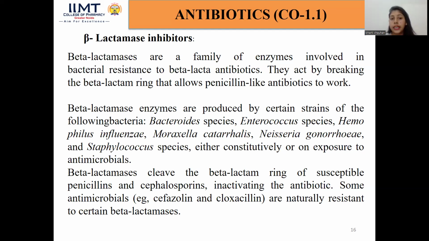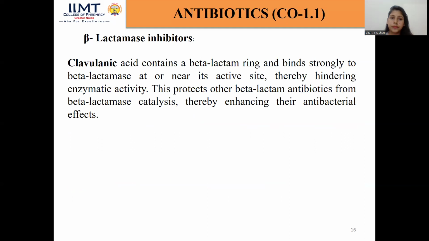After that, scientists discovered a counter to the beta-lactamase enzyme by creating beta-lactamase inhibitors. So here's the definition. Beta-lactamases are a family of enzymes involved in bacterial resistance to beta-lactams, but the inhibitors act by suppressing beta-lactamase enzyme activity, so the antibiotic can show its highest potency.